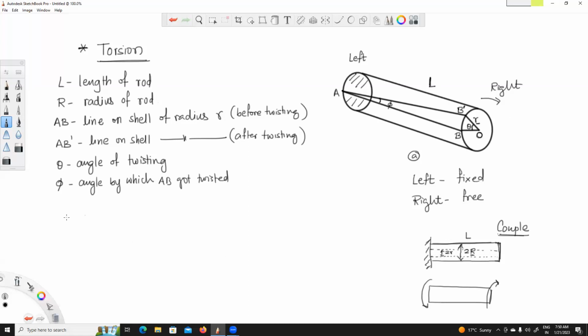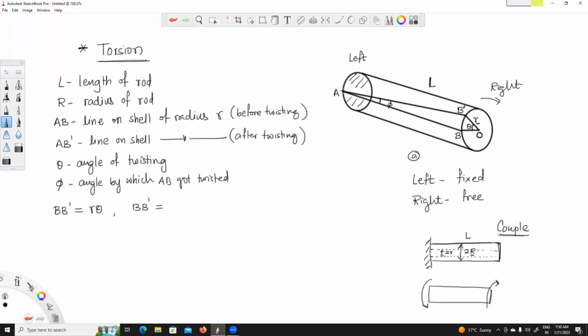So now if you look at B dash, this B dash is an arc of this particular right hand cross section, circular cross section. And you know arc length is given by radius times the central angle theta. So from here, B dash from the right hand cross section, I can write B dash as R times theta. At the same time, if I look from the line AB perspective, if you find the length of this particular arc again, then for this arc B dash with center at A, because A being on a fixed end, it has not shifted at all.